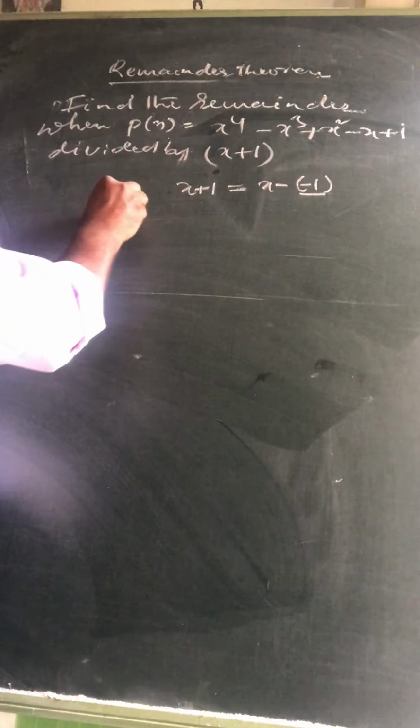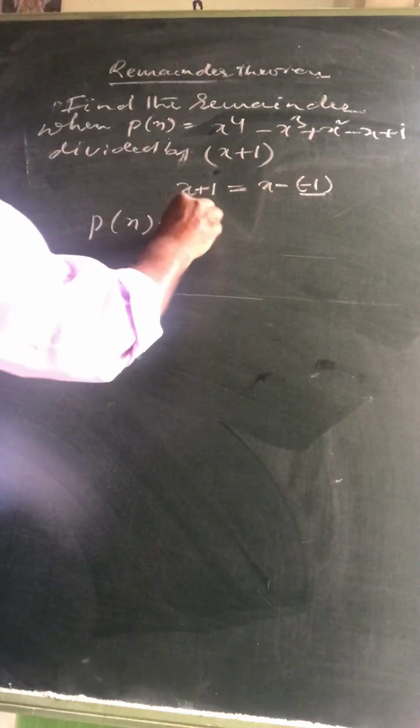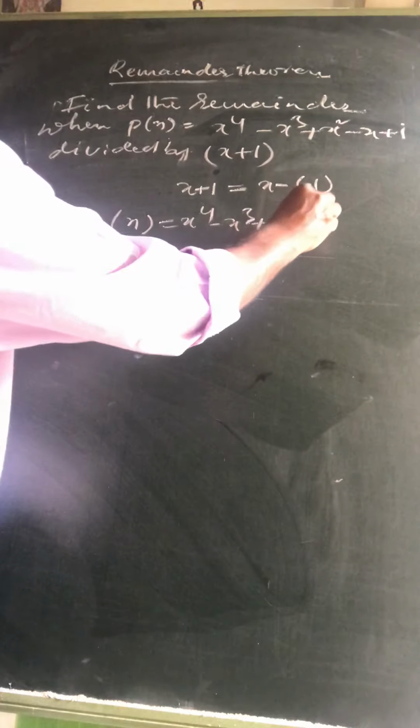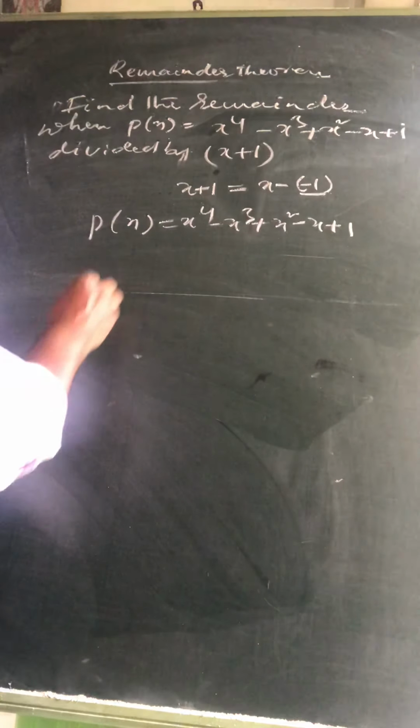Now you can write here p of x is equal to x to the power of 4 minus x cube plus x square minus x plus 1.